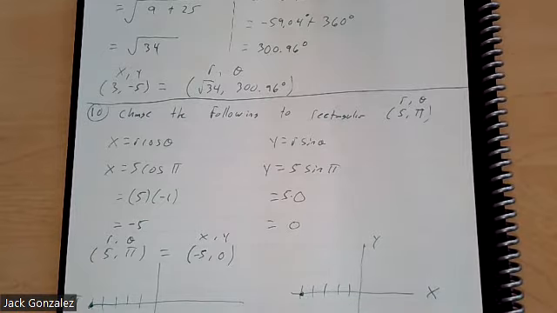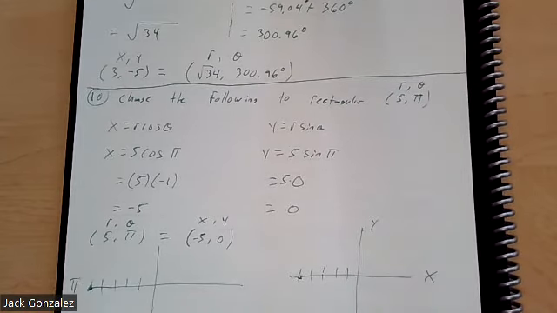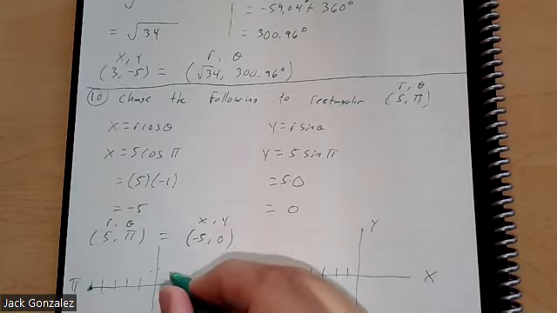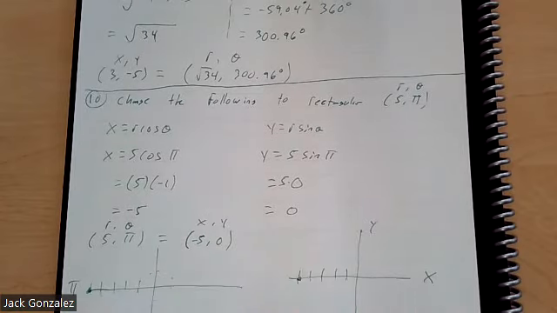So these are equivalent points. Technically the polar grids have the little circles going up. I'm not going to draw that, but same spot. Okay on number 10?